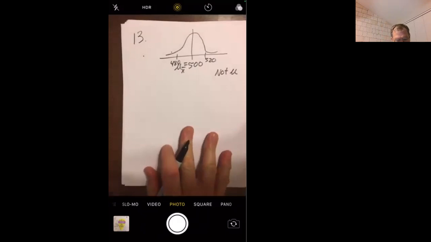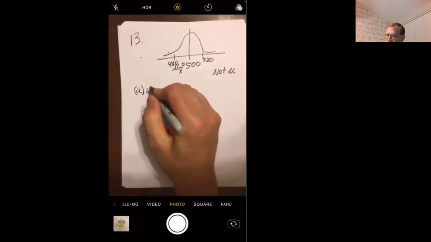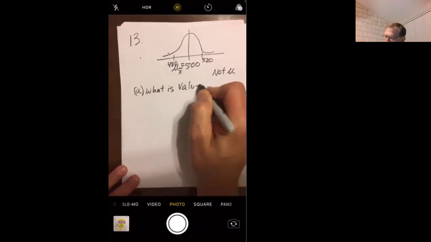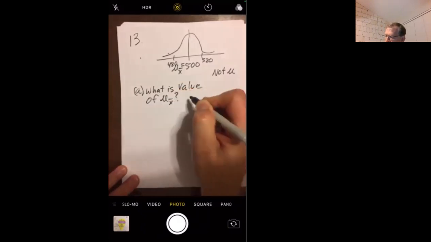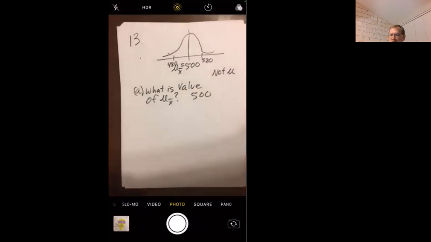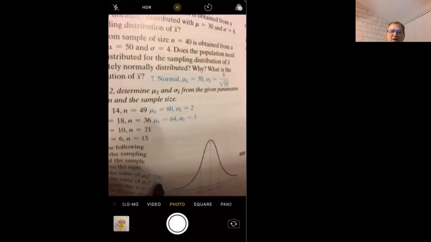Okay. So in part A, when it asks what is the value of mean X bar here, well, the answer is 500. You can see it. It's almost just giving it to you, the 500 in the center.